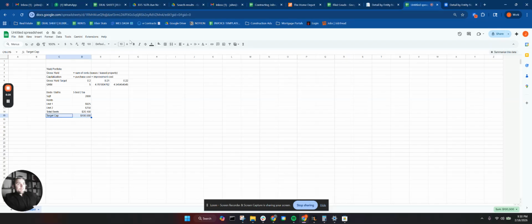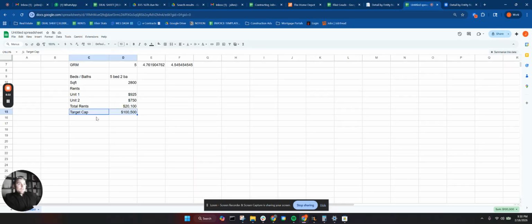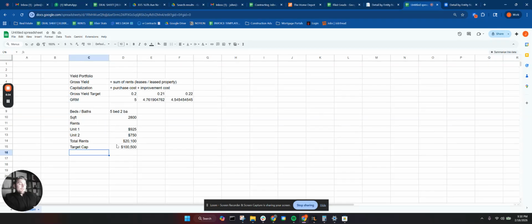So, okay, maybe I can make this a little bigger. Okay, so maybe, from there we have the budget to stabilize. Like we were talking about our capitalization, if our target cap is basically $100,000, we need to subtract out the improvement costs, and then that will tell us what we can afford to pay for the property if we want the numbers to work.